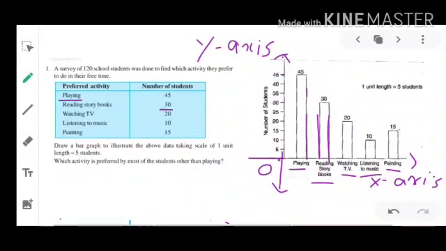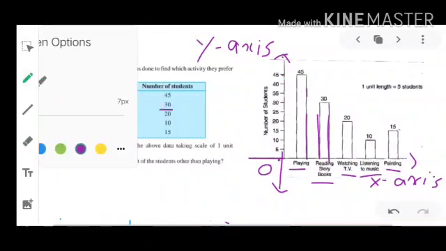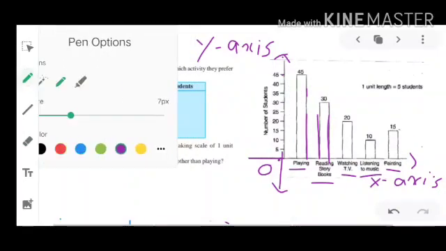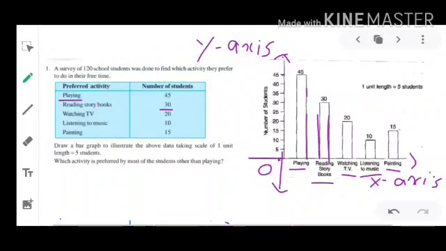So students, the next activity is, yes, watching TV. So how many students preferred it? So see students, only 20 students preferred watching TV. So here we are going to draw it.